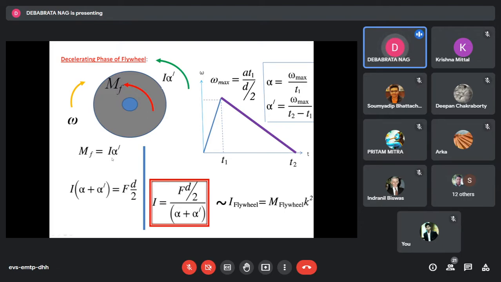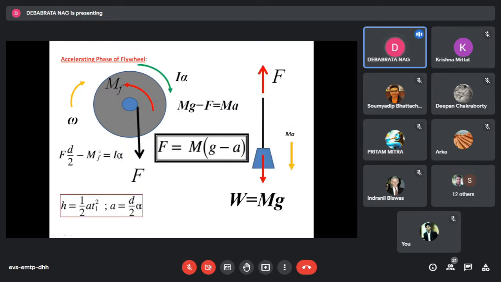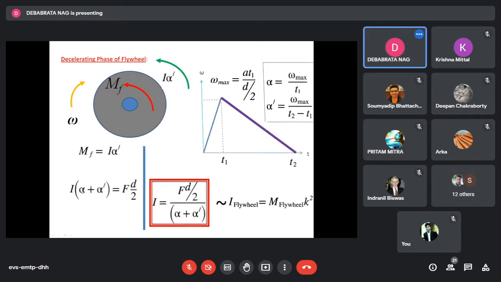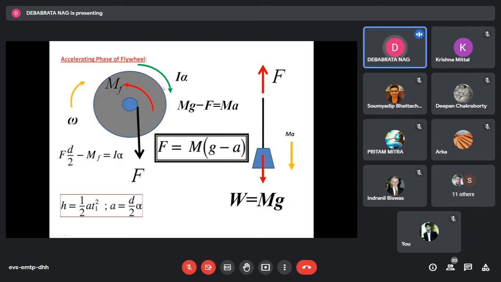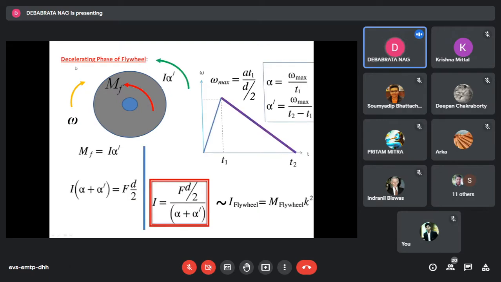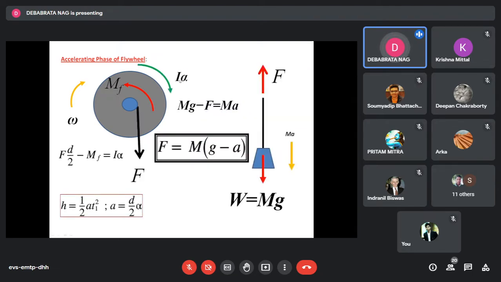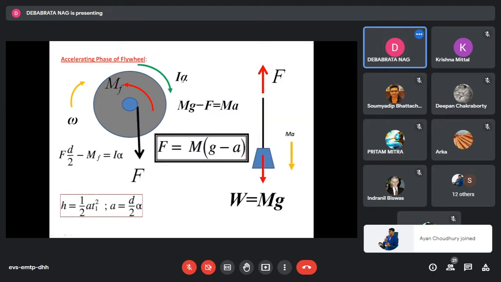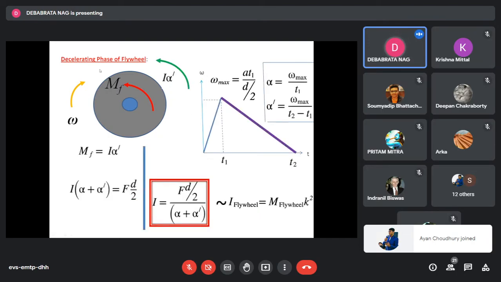So if I know MF equals I into alpha dash, I can put it into this equation and write that I whole into alpha plus alpha dash is equal to F into d by 2, or I can say I is equal to F d by 2 divided by alpha plus alpha dash, where alpha, you remember, is the angular acceleration of the flywheel during the accelerating phase, and alpha dash is the angular deceleration of the flywheel in the deceleration phase. So there must be a relation. Though alpha is known, alpha dash is not known. So we have to set a relationship between these two.